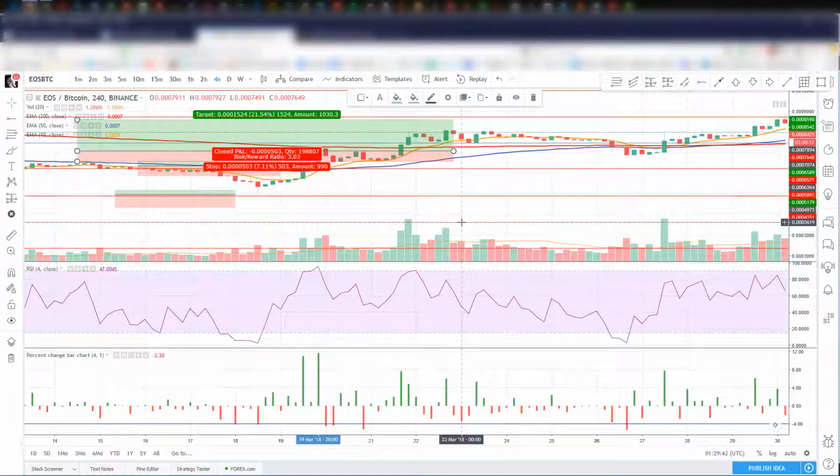So at this point, I'd be looking at the daily, I'd be looking at other things, and I would be looking at taking some profit. Just because in crypto, when things move this much, they do retrace. And we are hitting the top of another value channel here. So I'd be looking for signs that I should maybe take some profit.